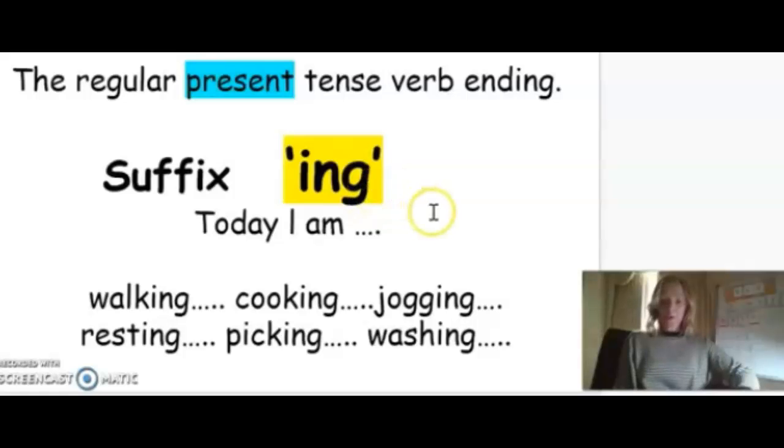So just like before when we learned about the suffix ed for talking in the past, now we learn about the suffix ing that we add to the end of a base word to help us talk in the present tense. Words like walking, cooking, jogging, resting, picking, washing.